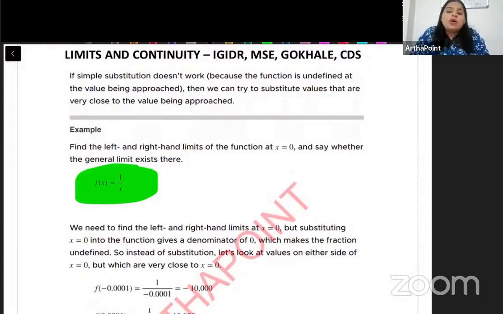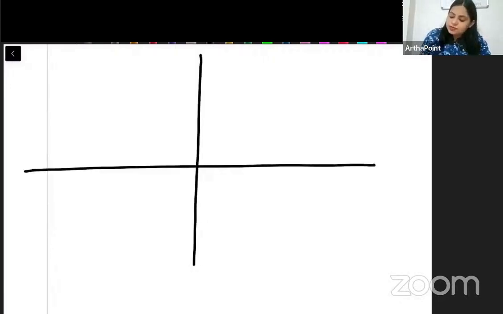So I cannot take x is equal to 0, but I can take values very, very close to 0. So if this is 0, this is 1, this is -1, this is 1. Now I'm taking a value very, very, very close to 0.